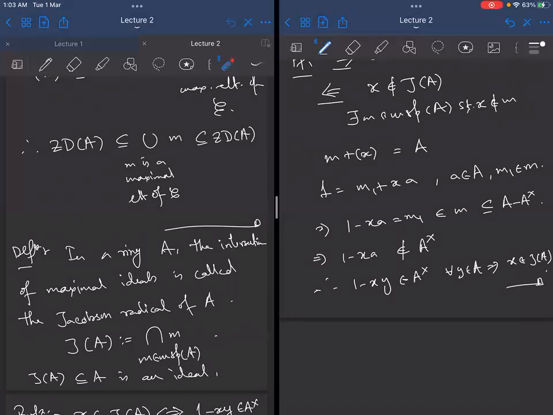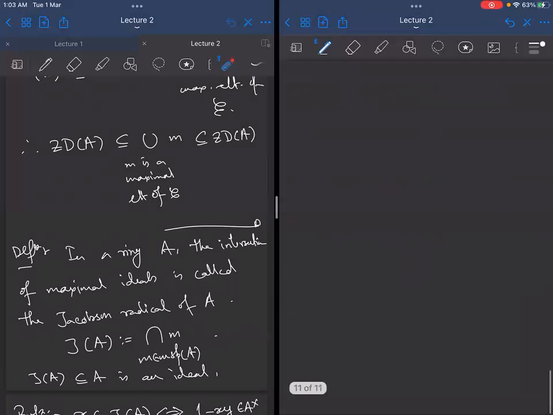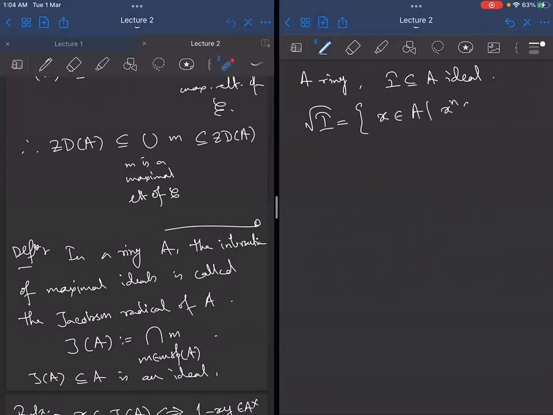So what is the radical of an ideal? Suppose A is a ring and I is an ideal of A, then we define by the square root of I the set of all x in A such that x to the power n belongs to I for some n a natural number.